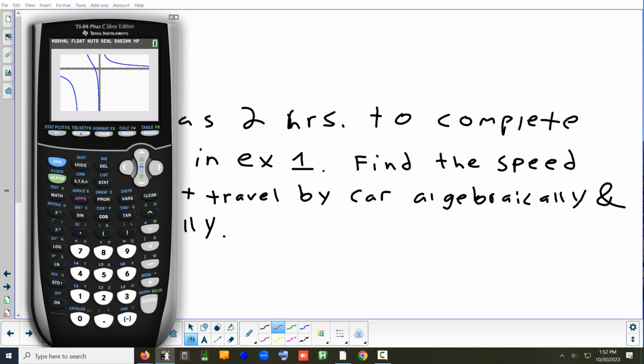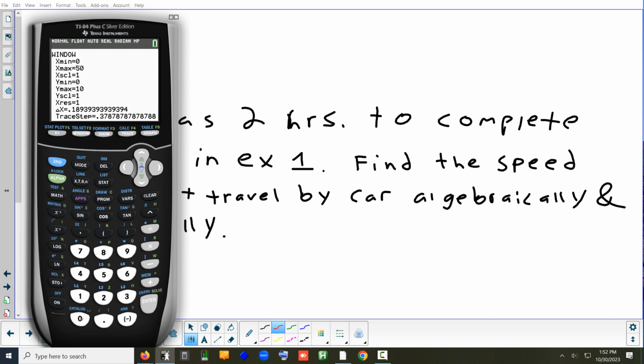Negative speed and negative time don't make sense. So let's say 0 will be the slowest that she could go. And time, well, the smallest amount of time that it could take would be 0. But you'd have to be going infinitely fast for the time to be 0.